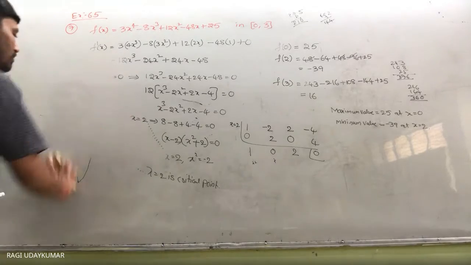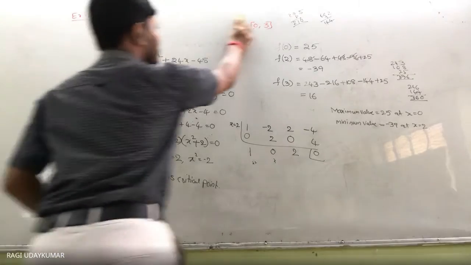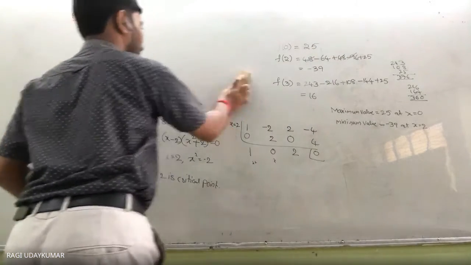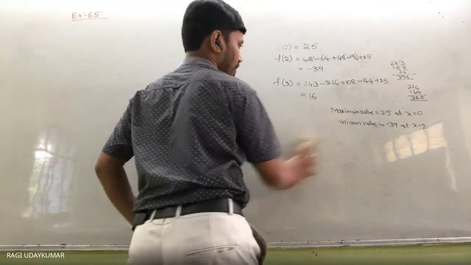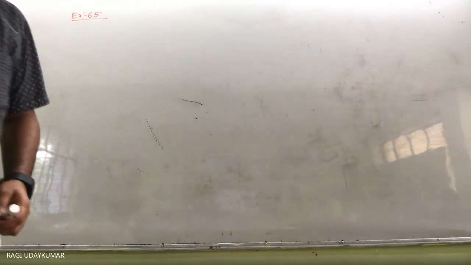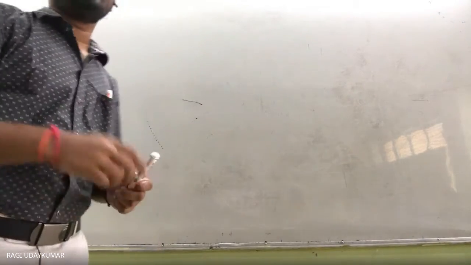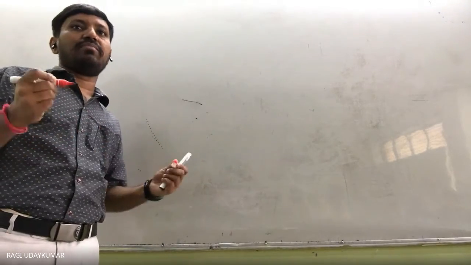See here, this is given to you, in question number 8. At what points in the interval 0 to 2 pi does the function sin 2x attain the maximum value?